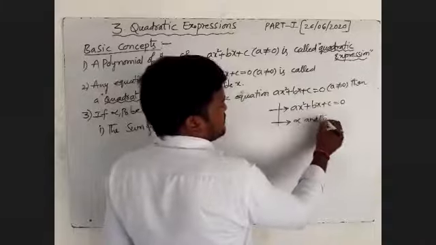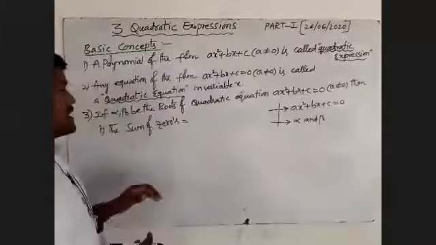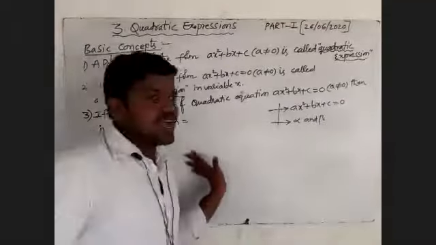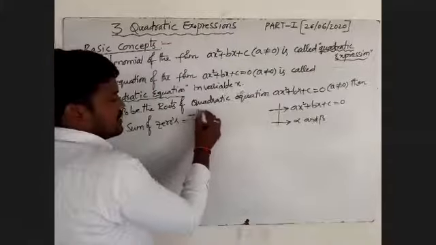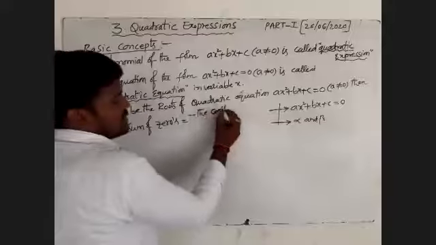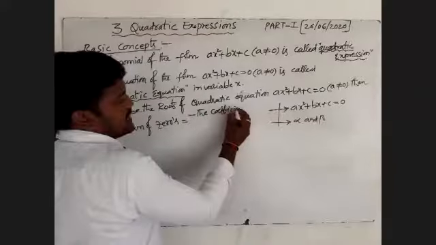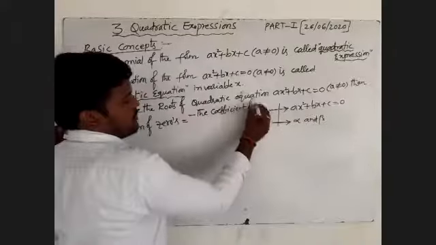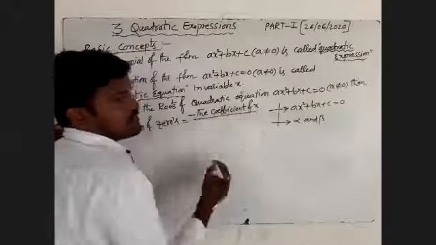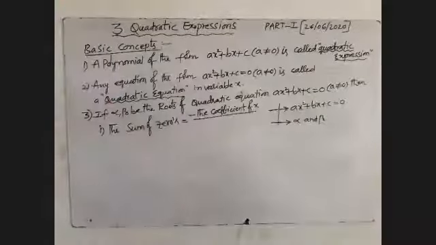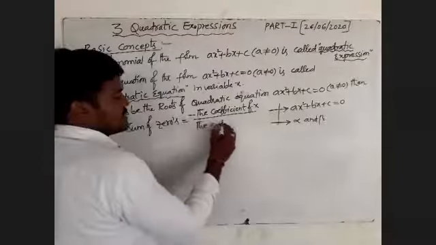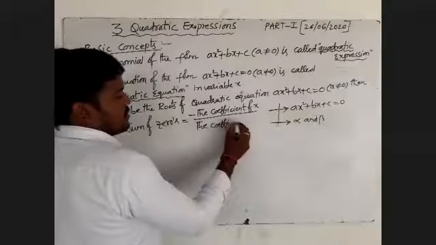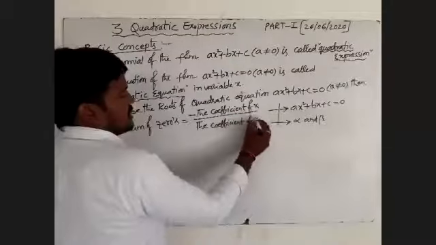Sum of the zeros means minus the coefficient of x by the coefficient of x square.